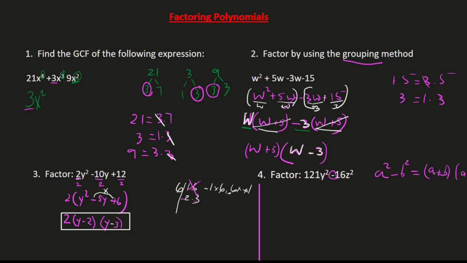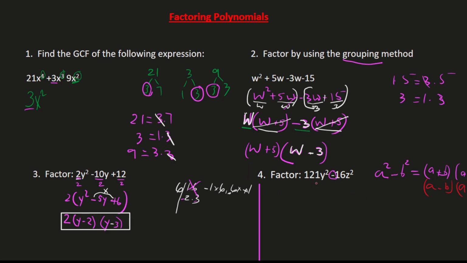So if I get a minus b here, I should get a plus b over here. It wouldn't hurt if I write a minus b first, I know my second term would be a plus b. Same thing.